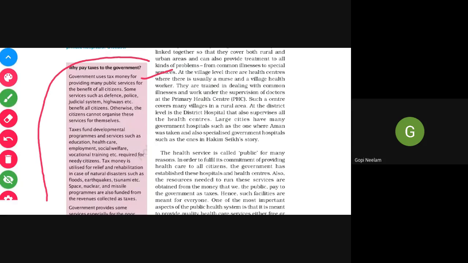So the government uses tax money. Tax money is money which is collected through taxation. The government will use this money for many public services, for the benefit of the citizens. Who is the public?